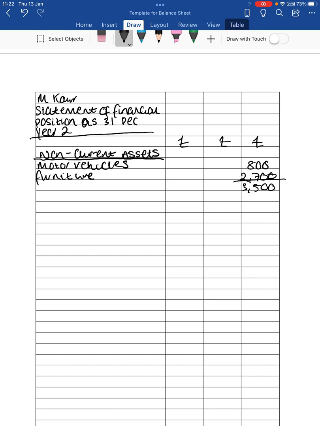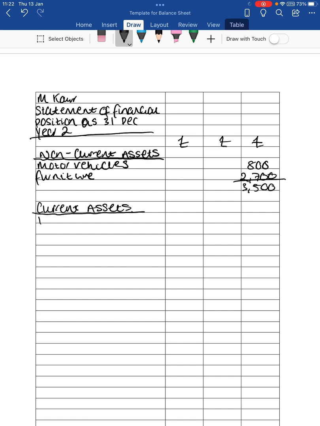We're then going to move on to our current assets. Now remember, it's important that you order your current assets in the order of liquidity. So the ones that are the most difficult to turn into cash, you put first, and the ones that are the easiest to turn into cash, you put last.